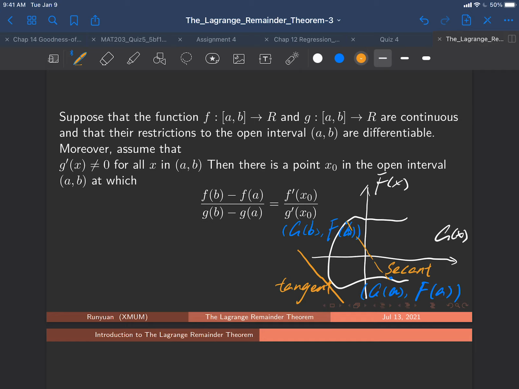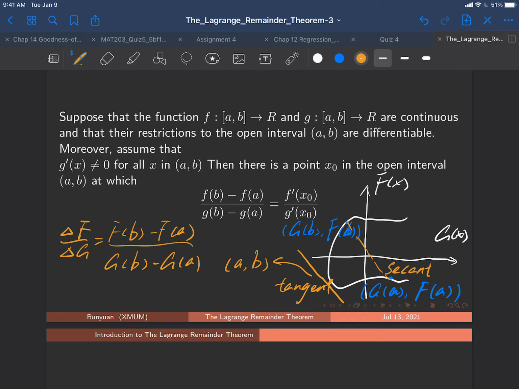And we can get a formula equal to f(b) minus f(a) divided by g(b) minus g(a), and they are equivalent.